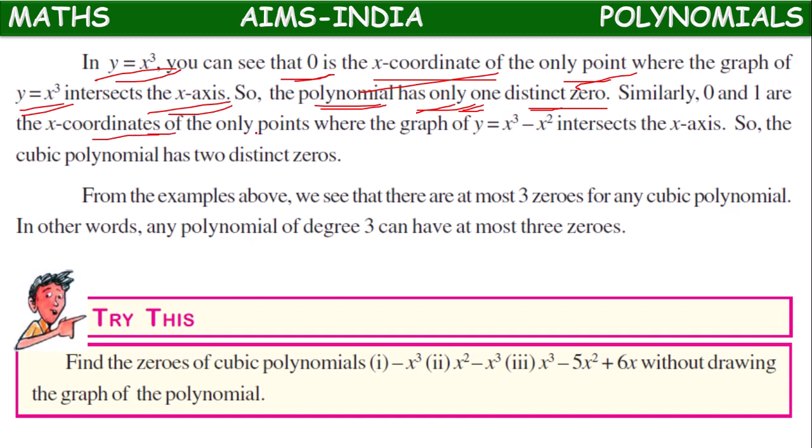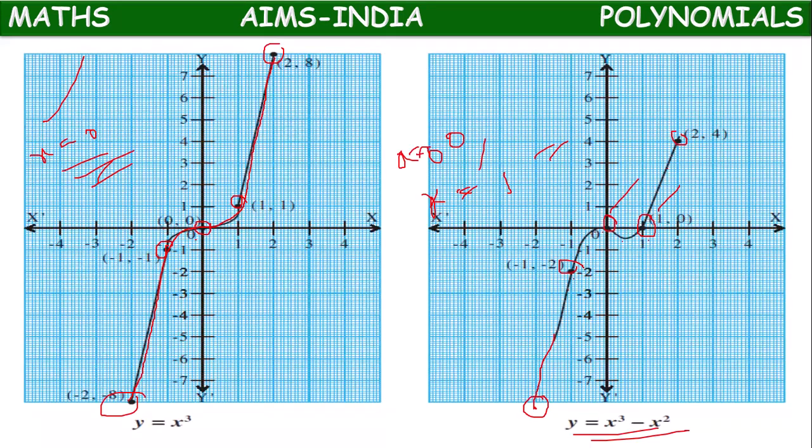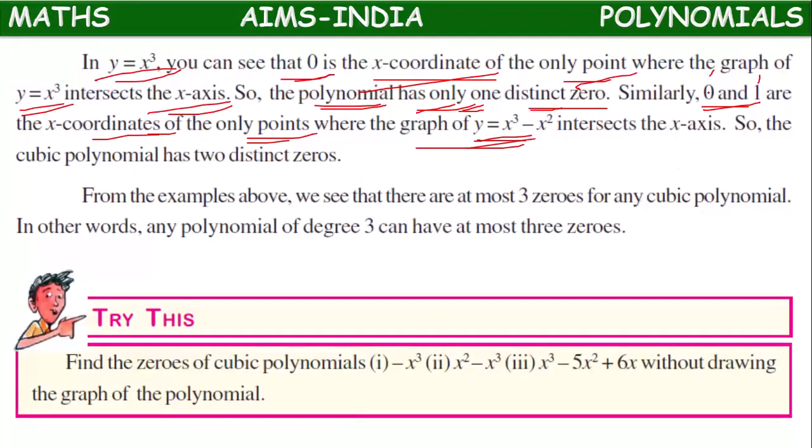For the second one, the graph is intersecting the x-axis at 2 points, (0, 0) and (1, 0), whose x-coordinates are 0 and 1. So this cubic polynomial has two distinct zeros.